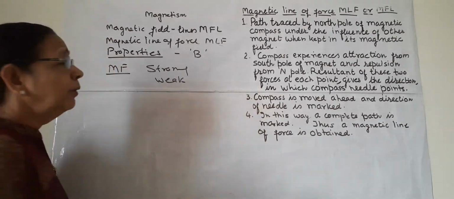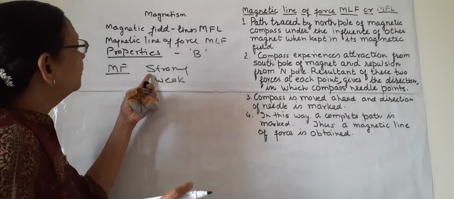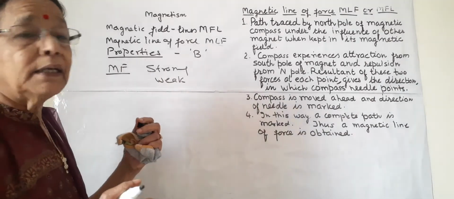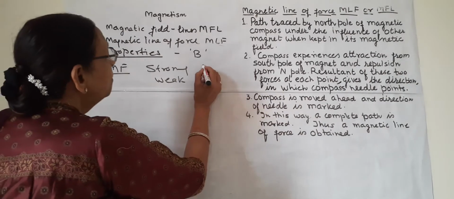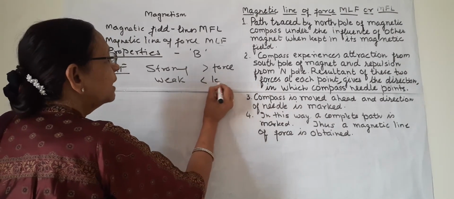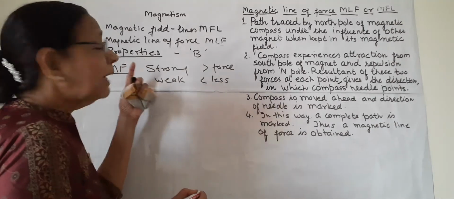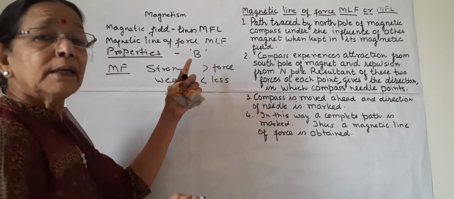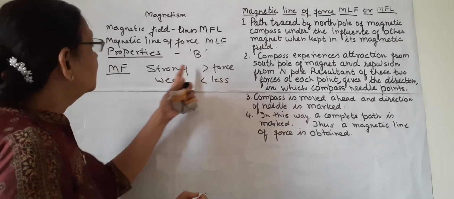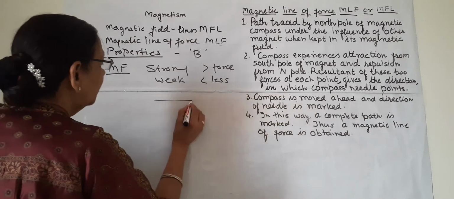How do we know? By magnetic field lines we can know whether the magnetic field is strong or weak. Strong means more force and weak means less force is given by these magnetic fields, and magnetic lines of force can show if the field is strong or not.